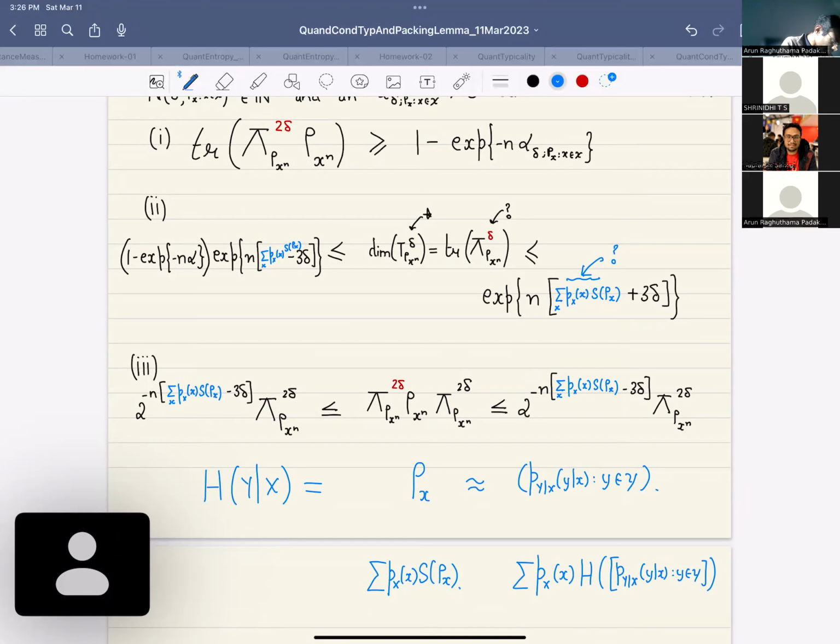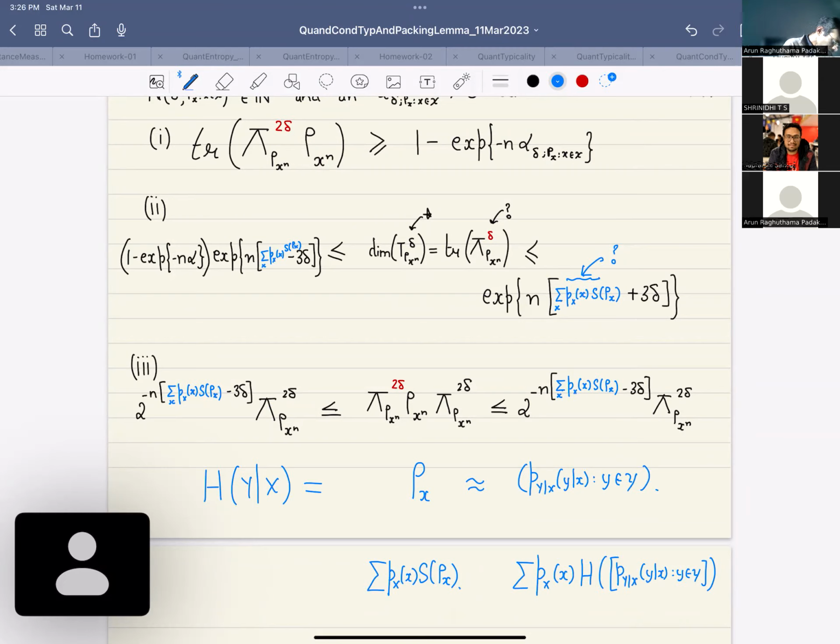In the first one itself you had trouble last time, and Srinidhi also mentioned it at the end of the last class. If you do the proof of the first part, the second part proof is straightforward, and the third part is not difficult.